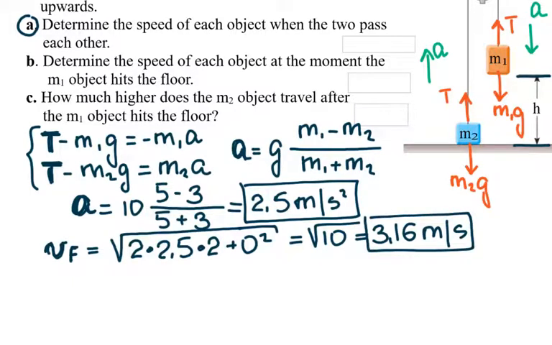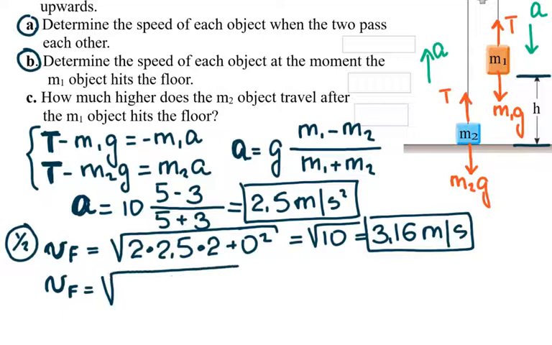Now I need to find the velocity for the C part when M1 reaches the ground. So I need a new velocity. This one was the halfway velocity, and the new final velocity is the maximum velocity they will reach when M1 reaches the ground. So again, I have the distance and acceleration, so it's 2 times acceleration 2.5, and the distance in this case is 2.